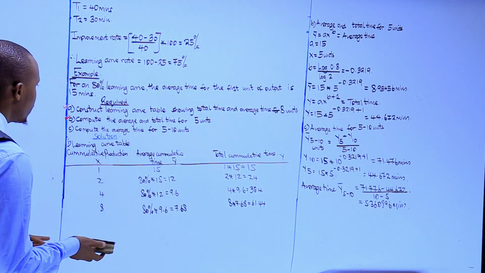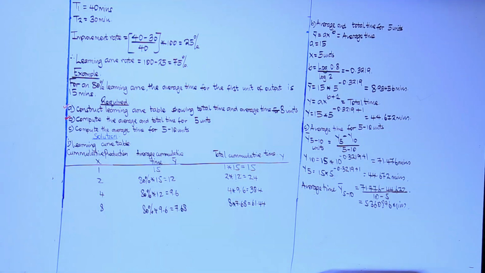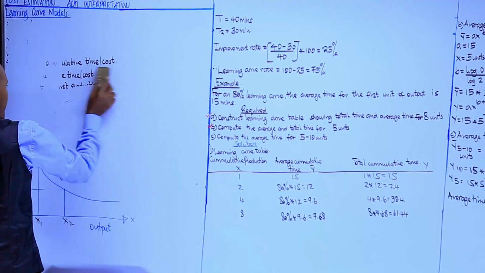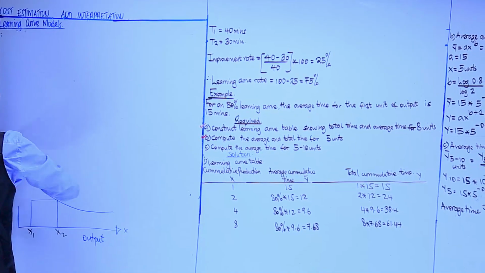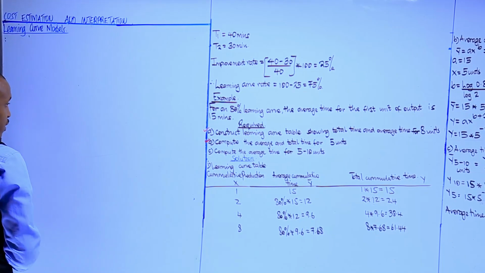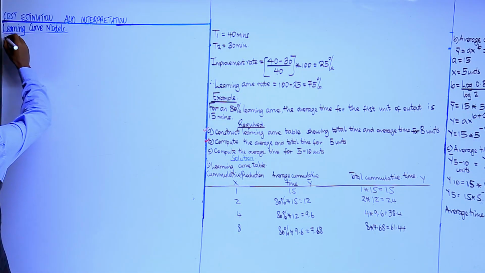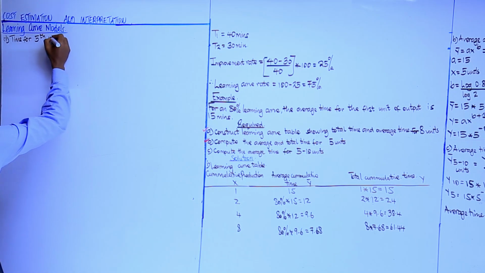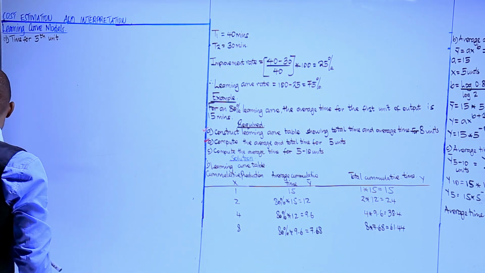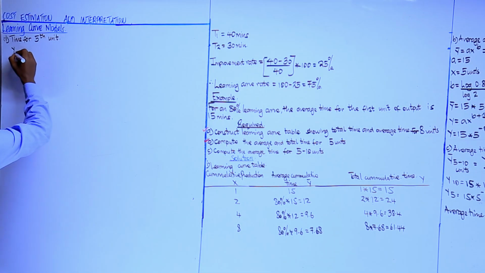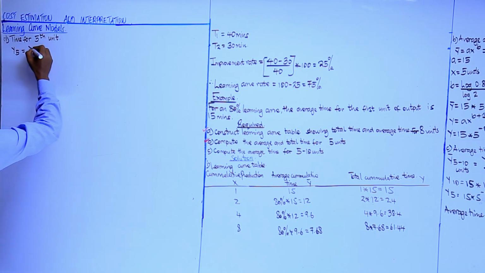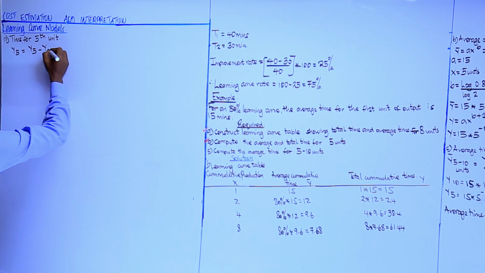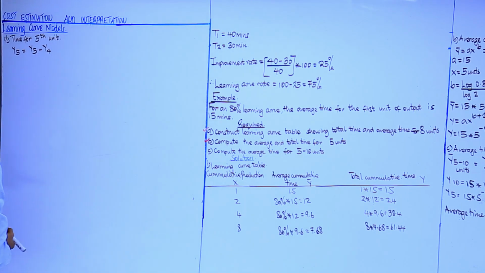Now, suppose they asked for the time for the 5th unit specifically. We're going to take the 5th unit minus the 4th unit. Why? Because you want specifically that 5th unit.